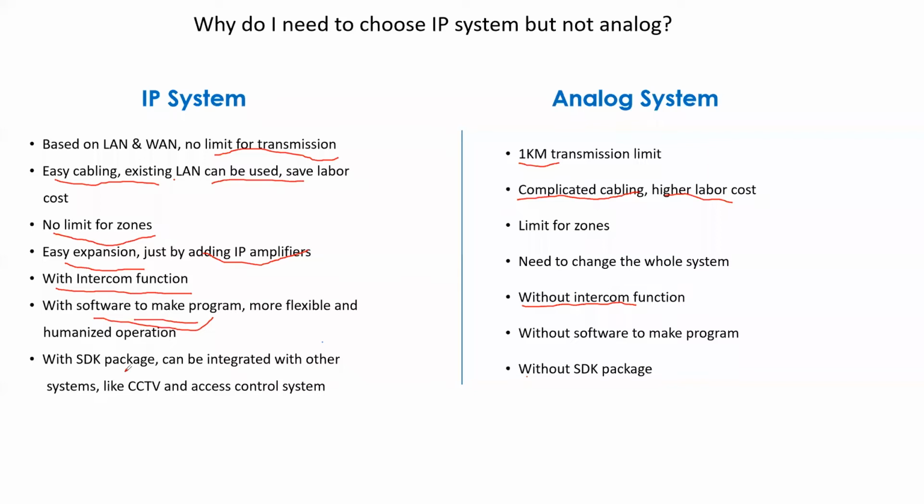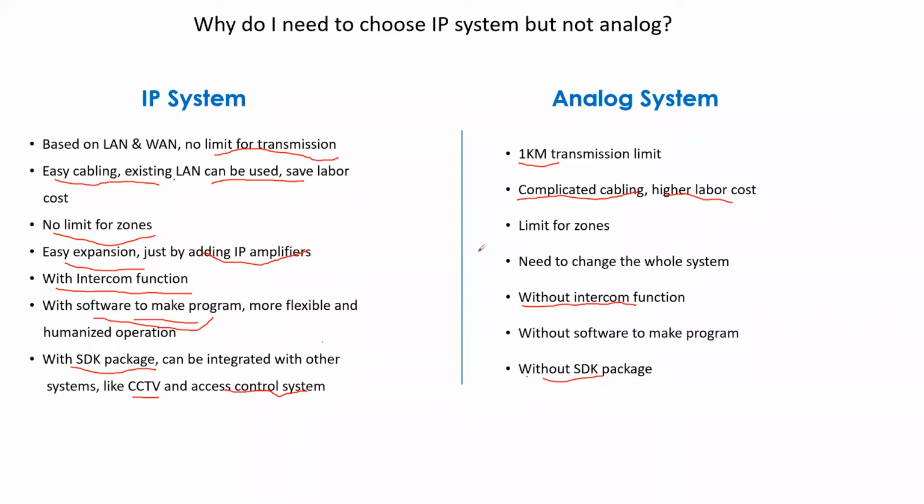And last but not least, we have an SDK package which can be provided to third parties, and then you will be able to integrate it with other systems like third-party CCTV systems and access control systems, or even BMS, building management systems. So it's very flexible and easy. But for analog, there is no SDK package. It cannot integrate with any system.